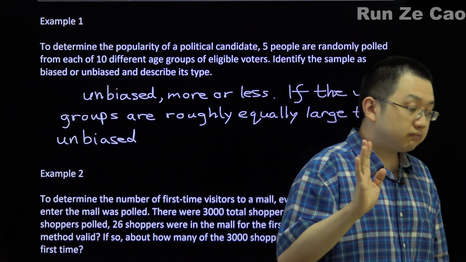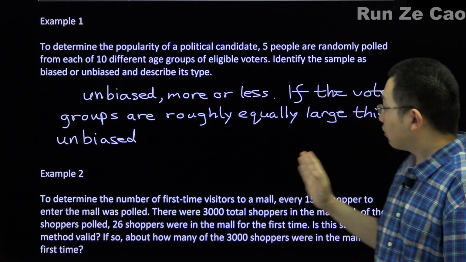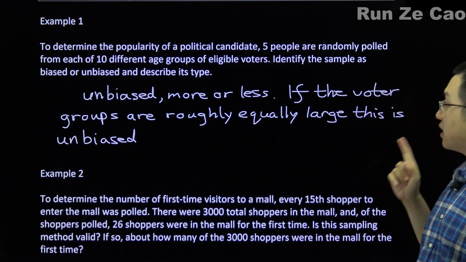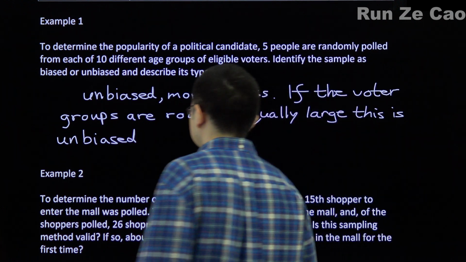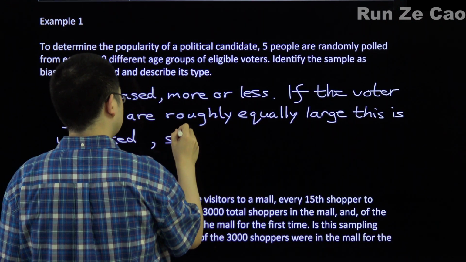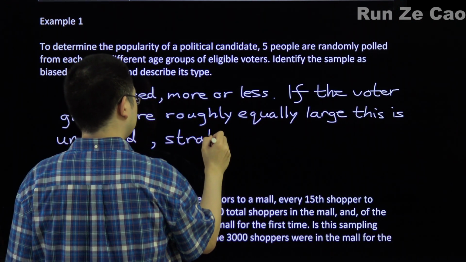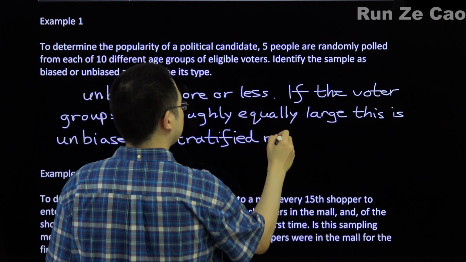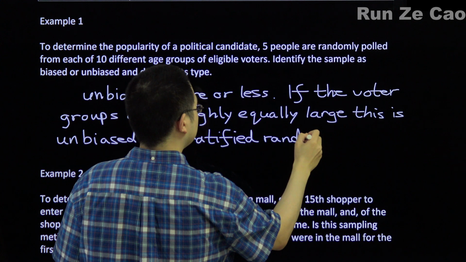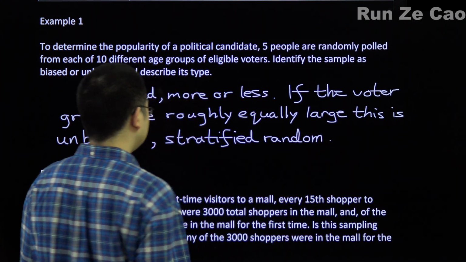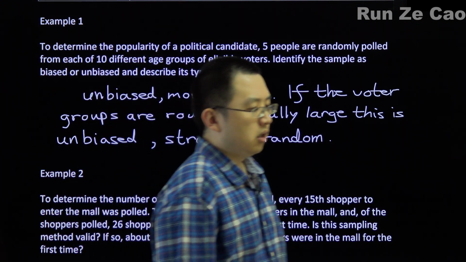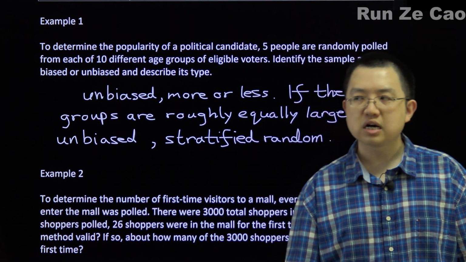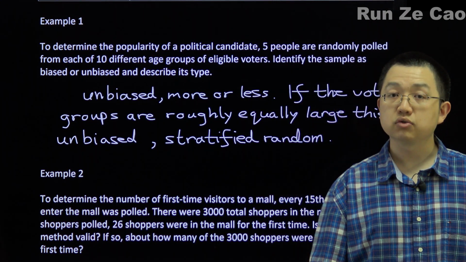So if the voting groups are roughly the same size, this is unbiased. This is a stratified random sample. Of course, if they're not roughly the same size, you have a problem.